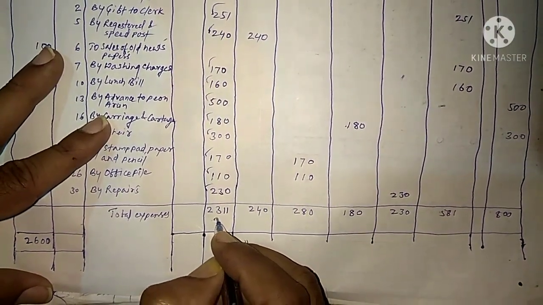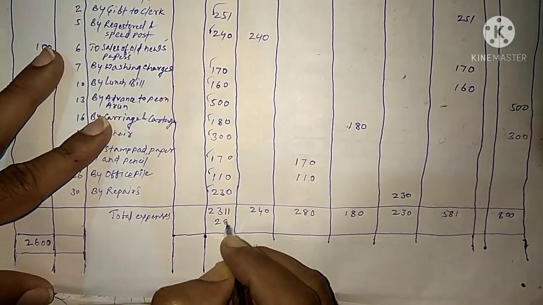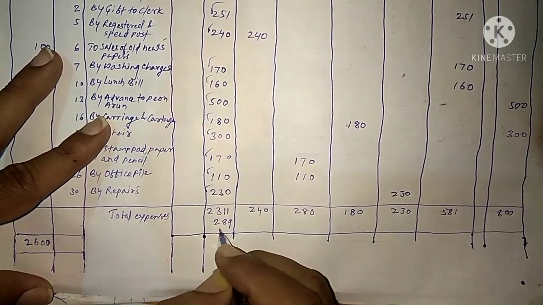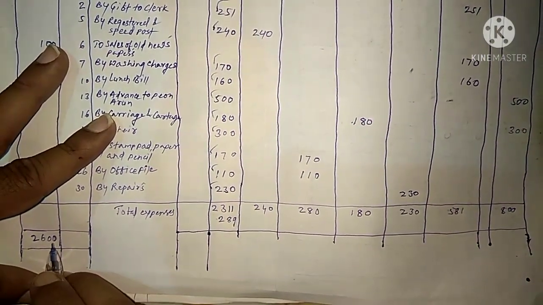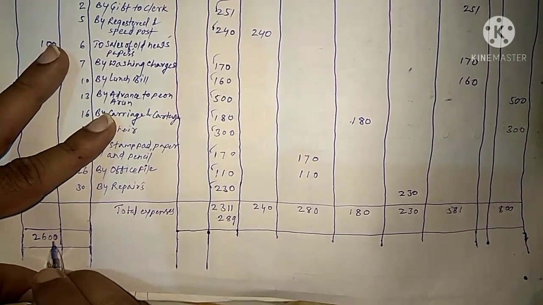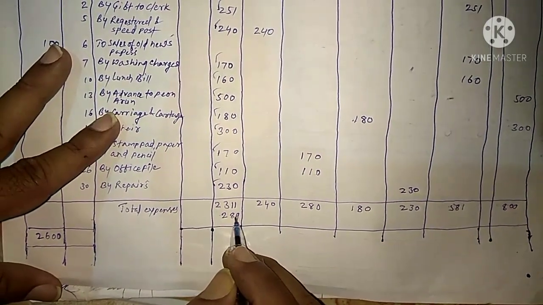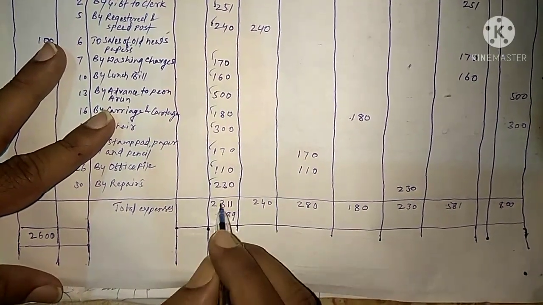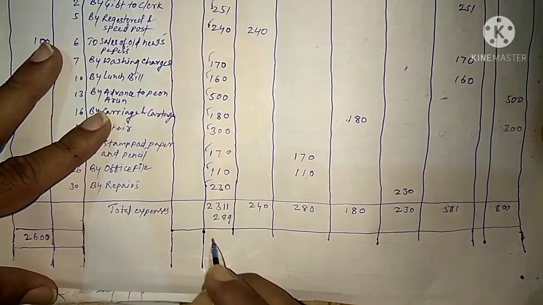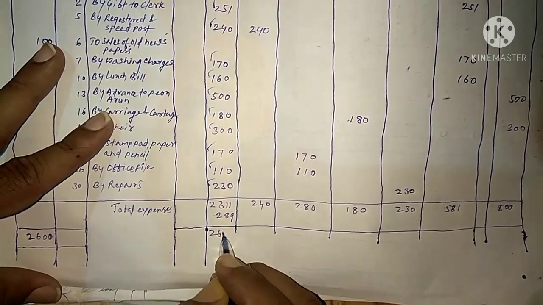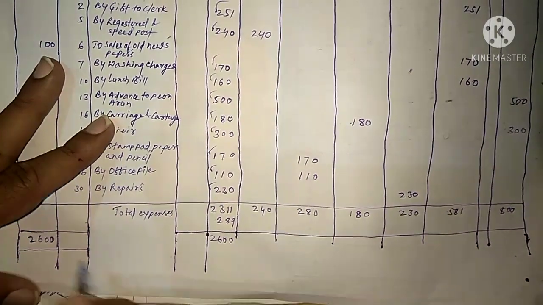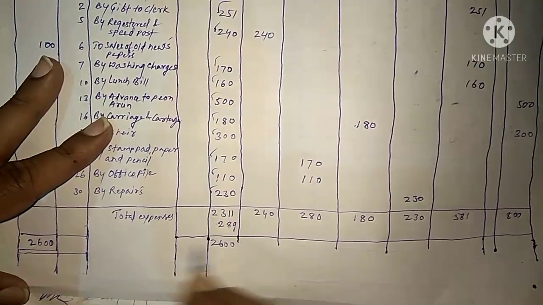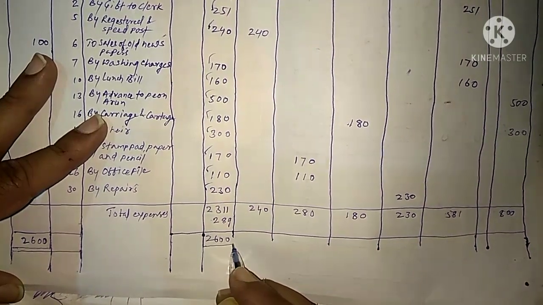It will come here 289. How we got this 289? We minus 2311 from 2600. So amount left, that is 289. So the total of this both 2311 and 289 will come 2600. So this 2600 and this 2600 will get tally.